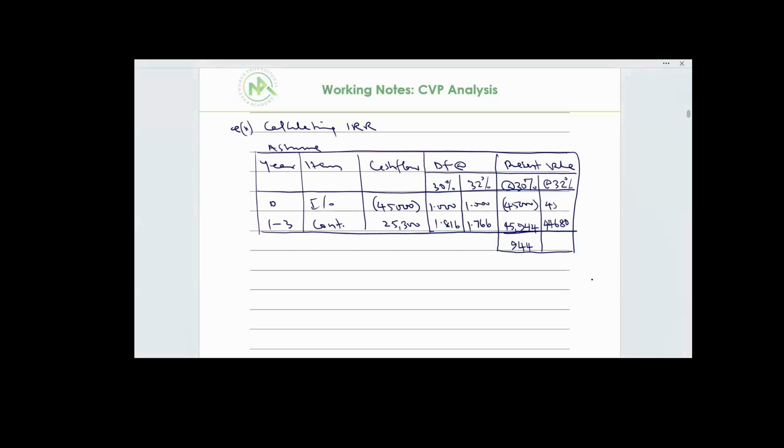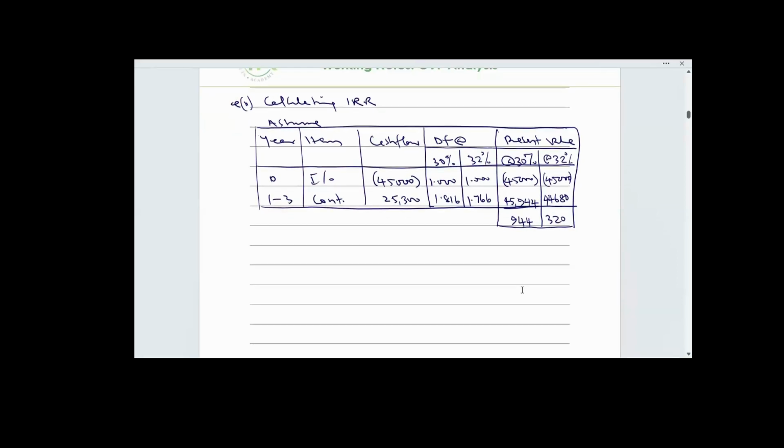Here is 45,000. So the difference is 320,000.